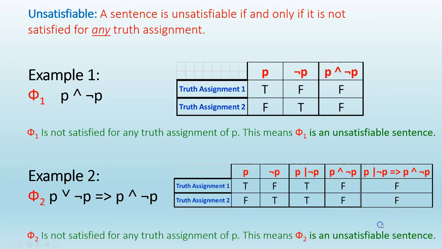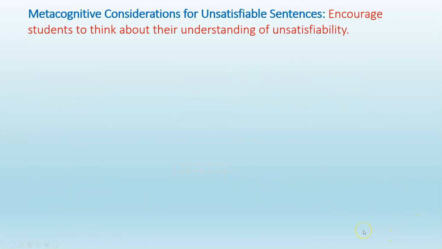Or another way to say that is, phi 2 is not satisfied by any truth assignment of P. And that means it's an unsatisfiable sentence. You might be thinking, this one seems trivial, this one's a little less trivial, but when you think about it or make the truth table, it seems a little more obvious.